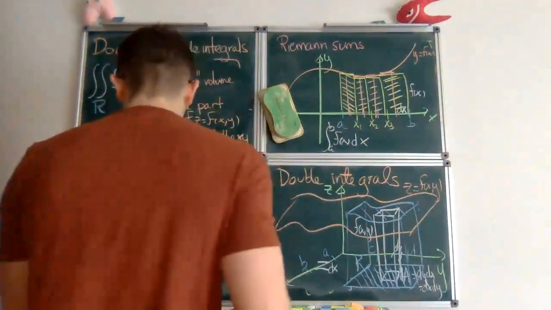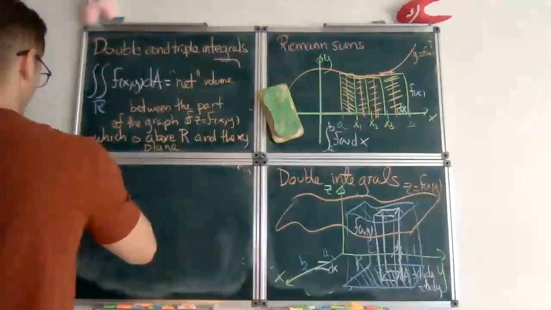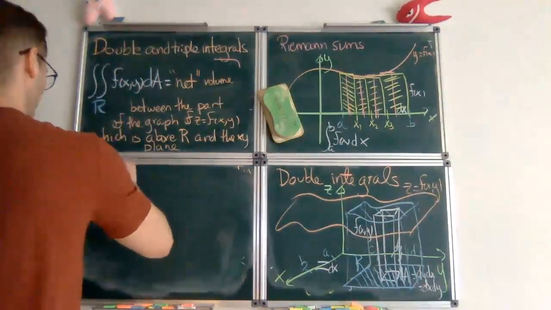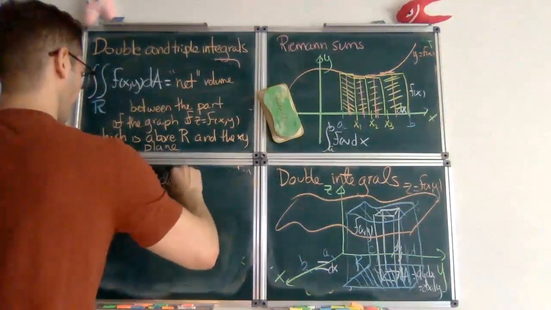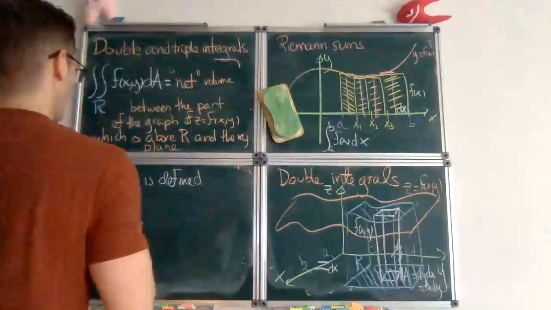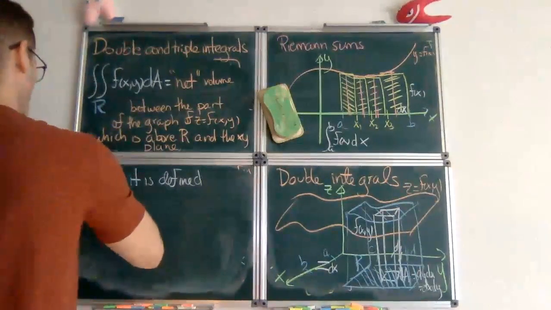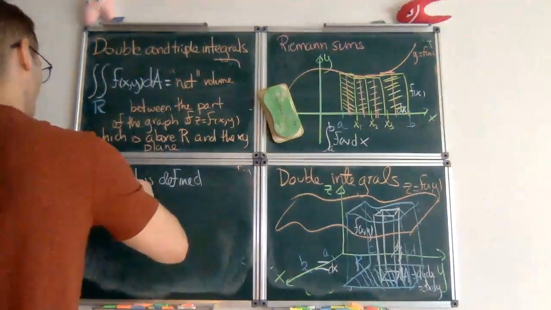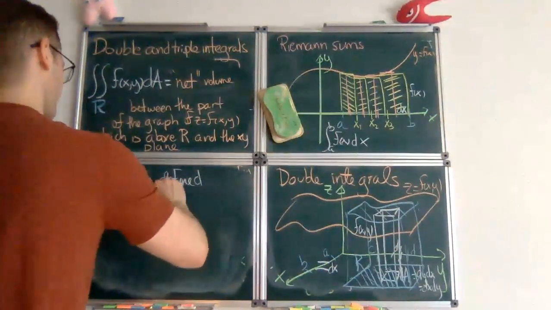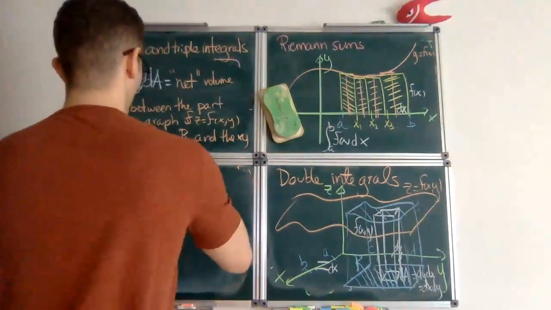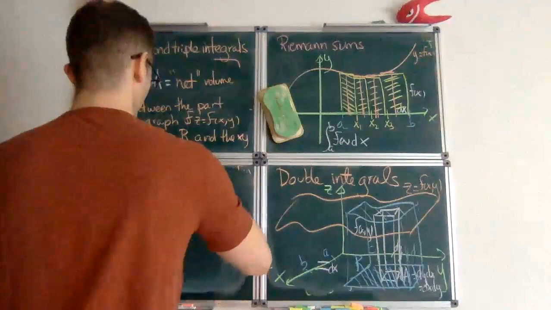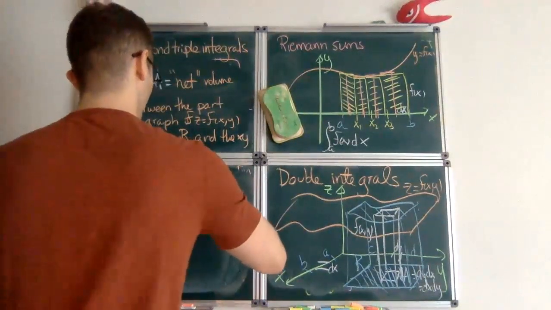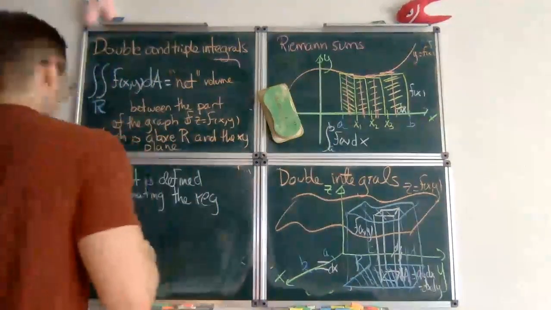So really you define this by approximating the real volume with the volume of the boxes.